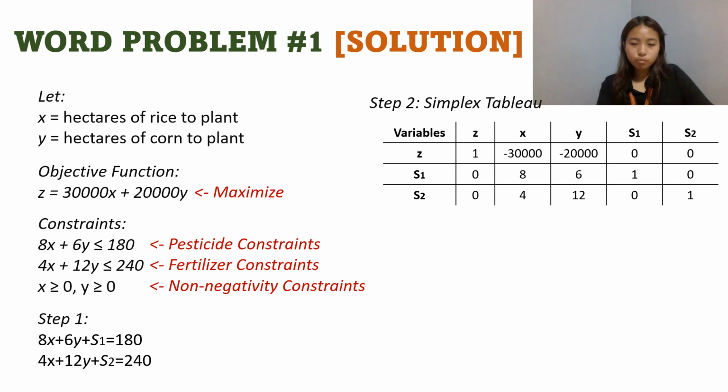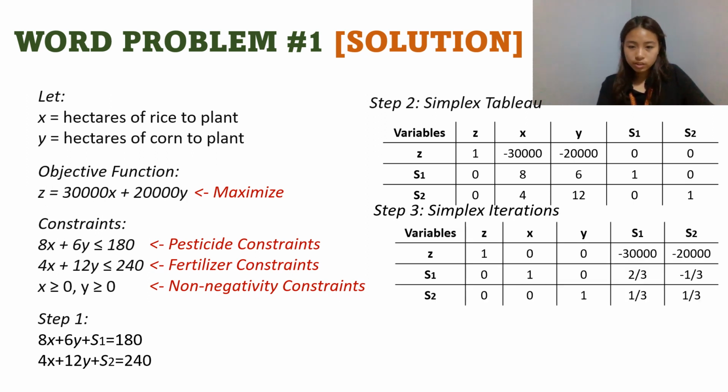The next step is we perform the simplex iteration. We have 3 iterations. In iteration 1, the pivot column is x and the pivot row is slack 1, because 8 is the smaller ratio.